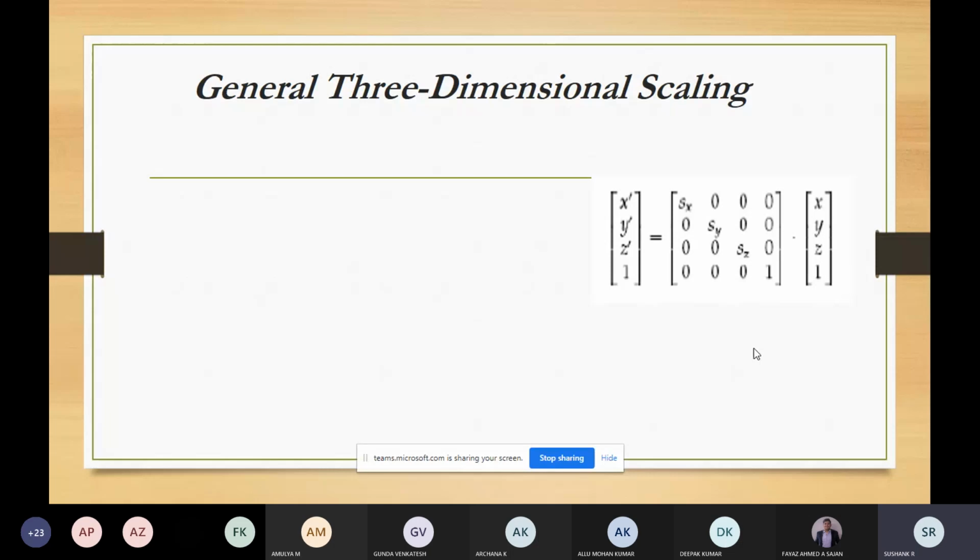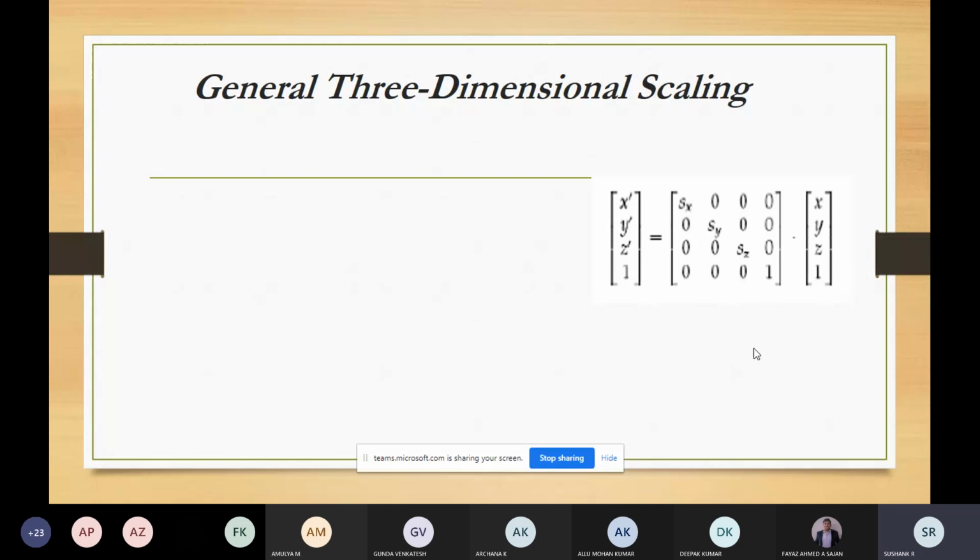In two dimensions, we supplied the values of Sx and Sy, the scale value along the x-axis and along the y-axis. If the value of Sx and Sy is less than 1, the object will shrink, and if it is greater than 1, the object size will increase. If it is 0.5, the size gets reduced to 50%.